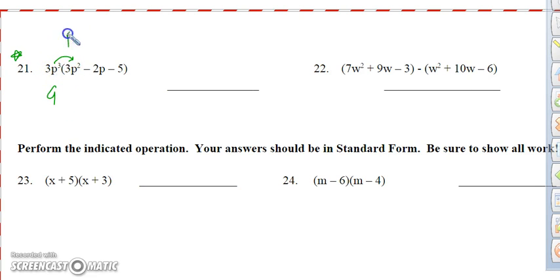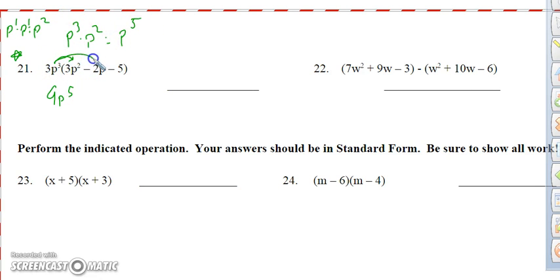P cubed times p squared equals p to the 5th. You are going to add these exponents. And that makes sense because p times p would be p squared. Because there's an exponent of 1 and 1, add them together, you get 2. So when you multiply these variables together, their exponents add.